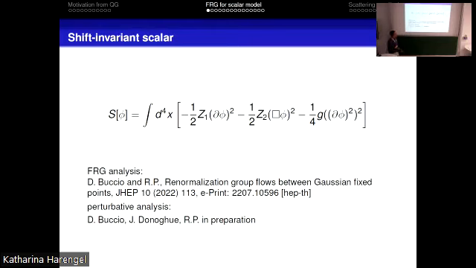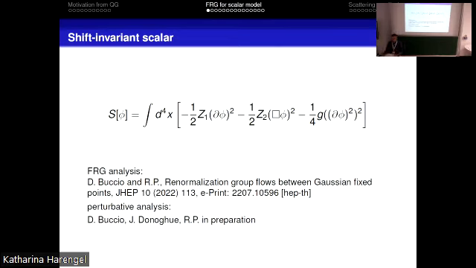On the other hand, if you expand around the four-derivative Gaussian fixed point, the field is dimensionless, and so this term, Z1, is a mass, so this looks like a mass term for phi, and G is dimensionless, and so this looks like a renormalizable theory, okay, which is apparently a totally different story.